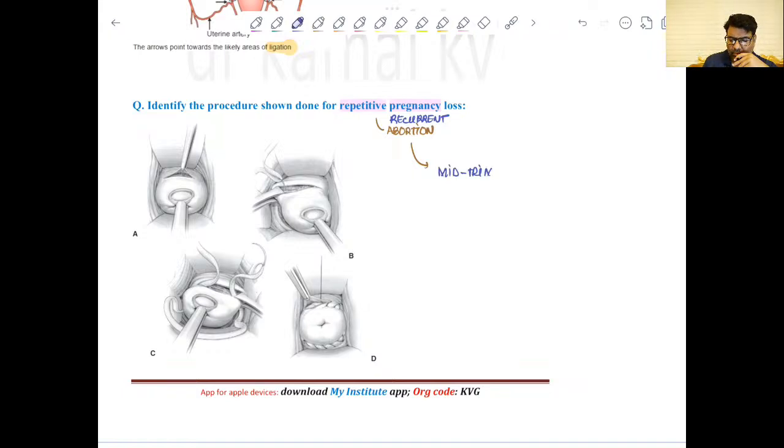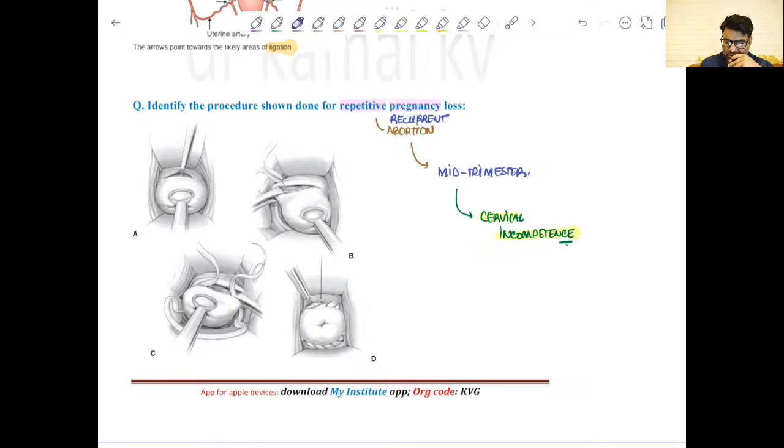This is because of cervical incompetence. It means the cervix is not able to hold the pregnancy, so the cervix is incompetent. This is the usual cause of mid trimester pregnancy loss, cervical incompetence.